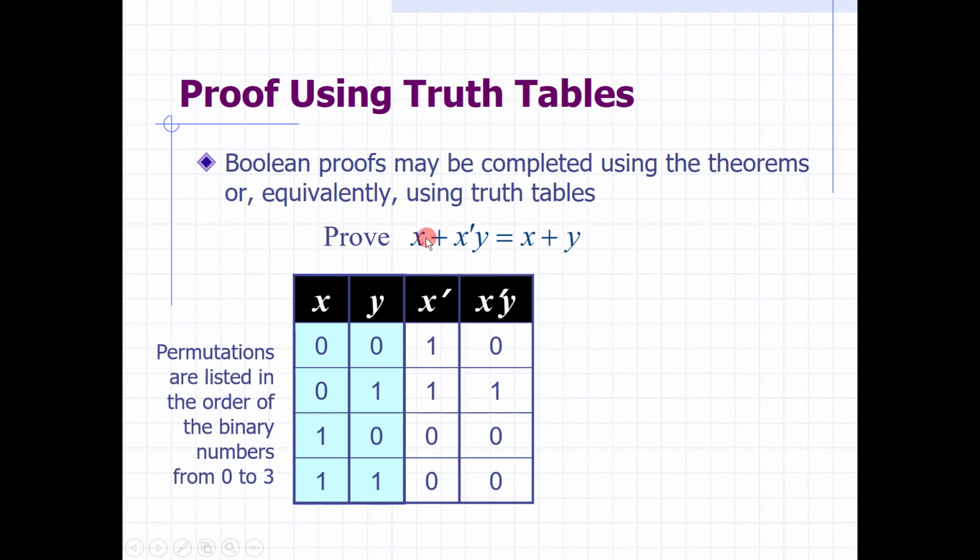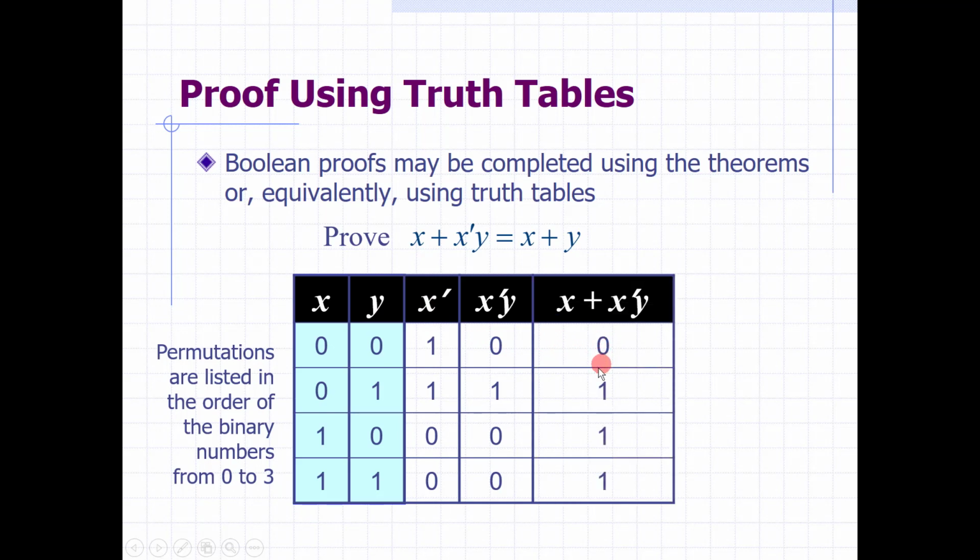Now we want to take x and OR it with this column. So we'll be looking, our eye will be on this column and on the first column. So in the first row, we'll be applying OR to false or false should give us false.